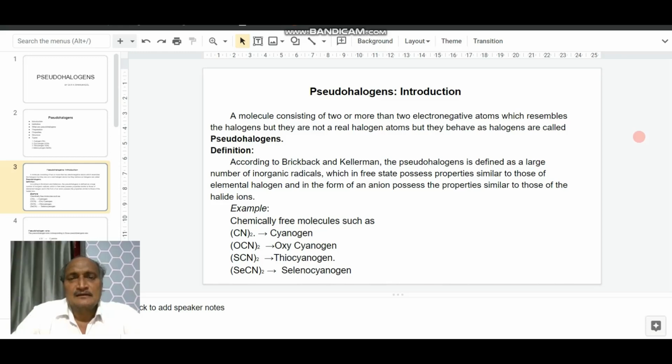So these are the various examples of the pseudohalogens.